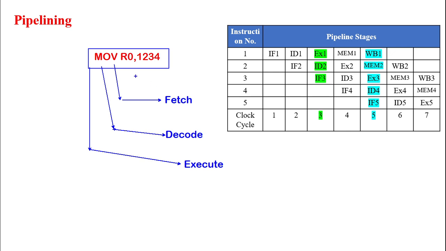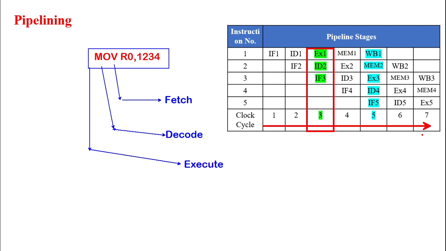For now, keep in mind each instruction will have three subparts: fetch, decode and execute. Whenever you execute these instructions in parallel, that process is called pipelining. Now you can see here, this is my instruction numbers 1, 2, 3, 4, and these are your clock cycles.